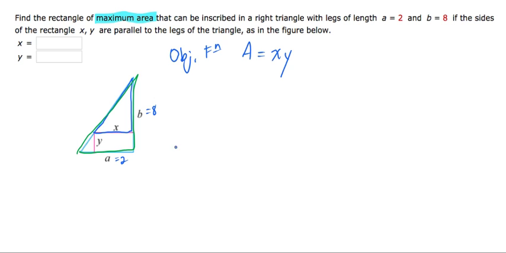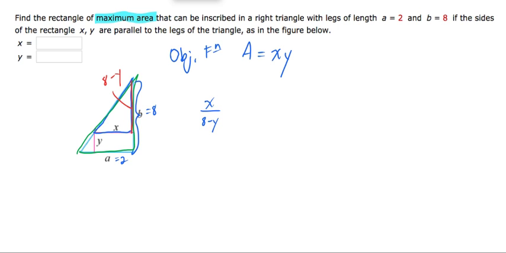There are a number of ways you could set up the proportion. It doesn't matter which way you do it. I'm going to go with x over the length from there to there. The total side is 8, minus y, so that length is 8 minus y.